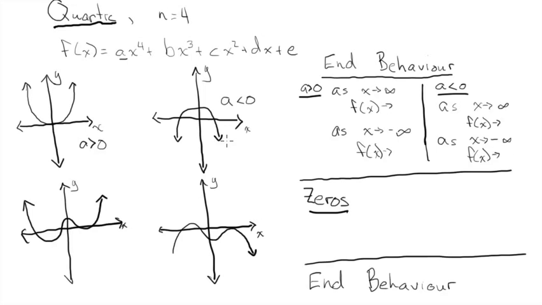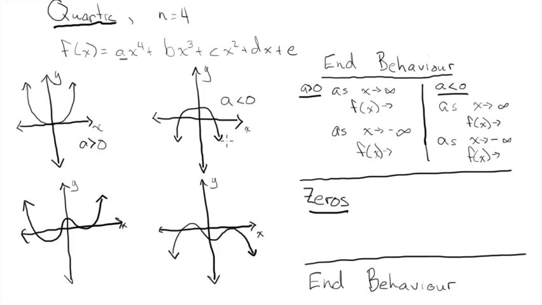And then depending on these x squared and x terms, that would determine how much one side goes up, or how many zeros there are, and things like that. But these are just a few examples of quartics. You could have a wide variety, but they're all going to look kind of similar to this.